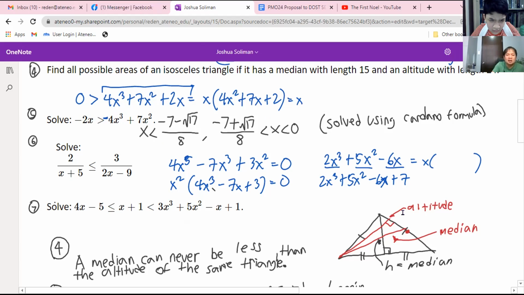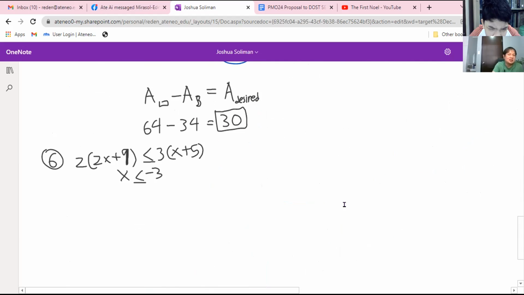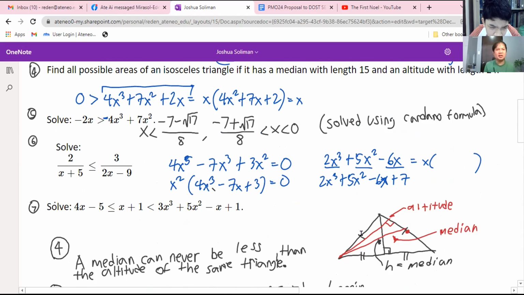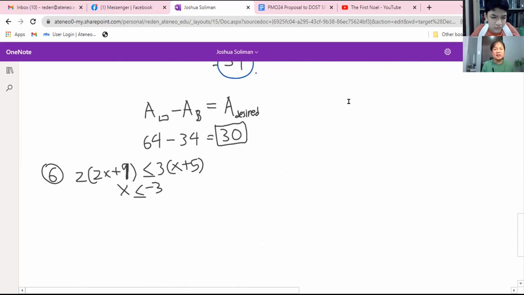Okay, and number six, I see what you did there. You cross multiplied, right? Okay. Yeah. So these were things that I thought we may still have to talk about, because you ended up with your solution x less than or equal to 3.